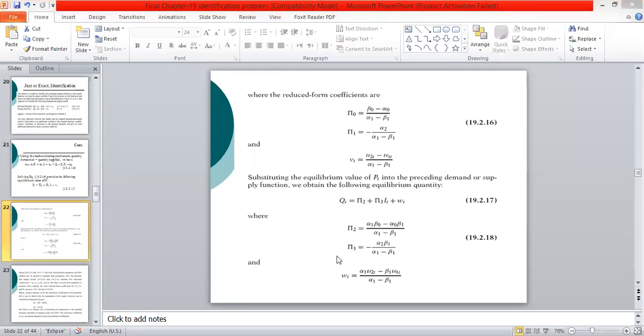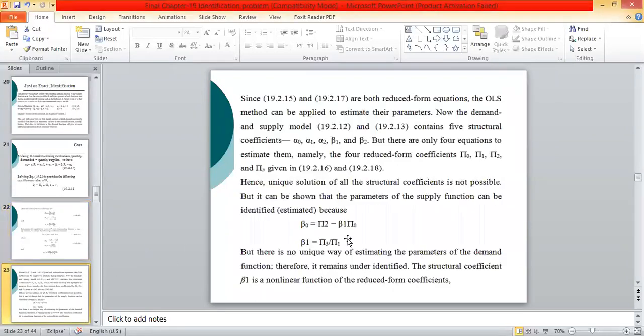In the same way, the value of beta naught can also be obtained from the reduced form coefficients. Beta naught equal to pi 2 minus beta 1, the value of the slope coefficient that we have calculated just now by dividing pi 3 over pi 1.